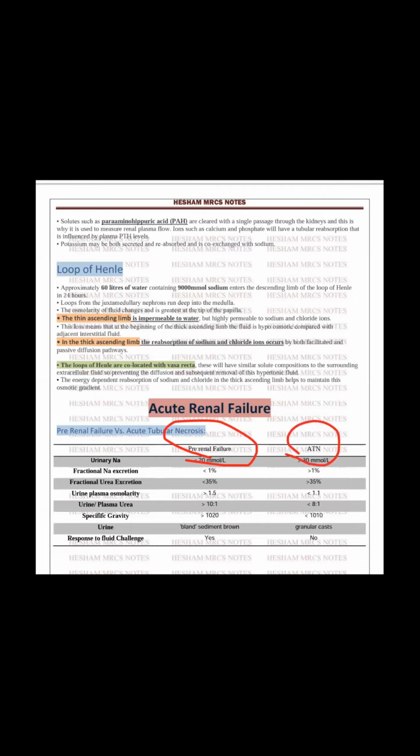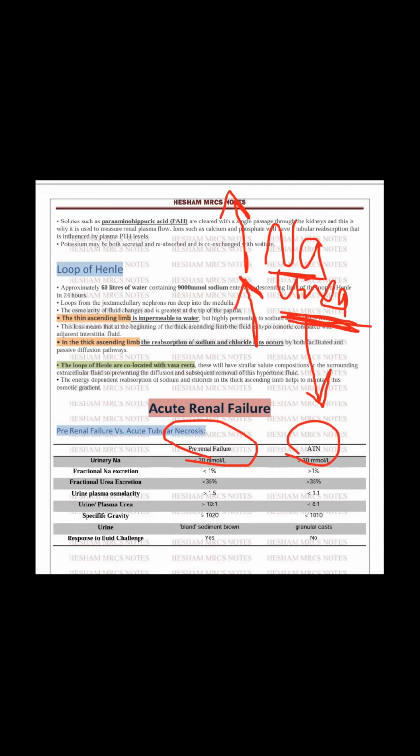You will differentiate by whether you have an intrinsic renal disorder, in which case you will lose sodium and urea. So once you have increased urinary sodium, or increased fractional sodium excretion, or increased urinary urea, or increased fractional urea excretion, you are talking about intrinsic renal disorder or acute tubular necrosis.